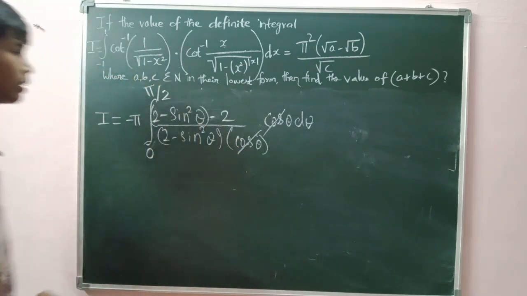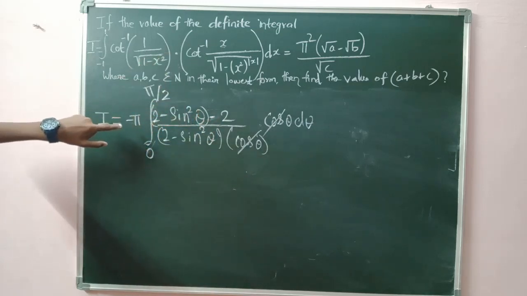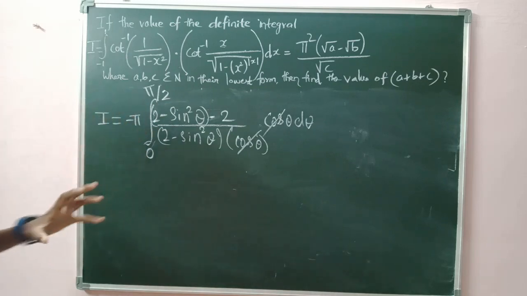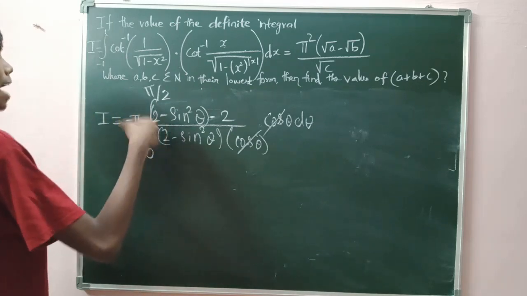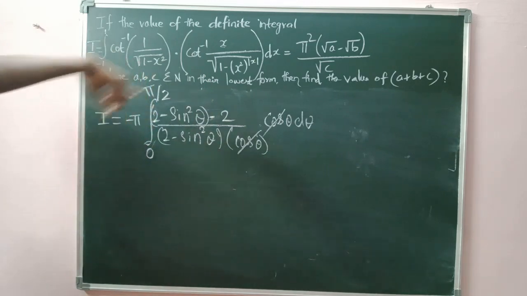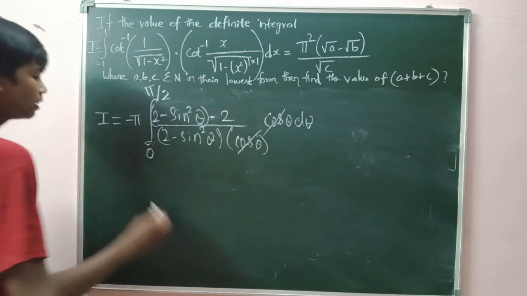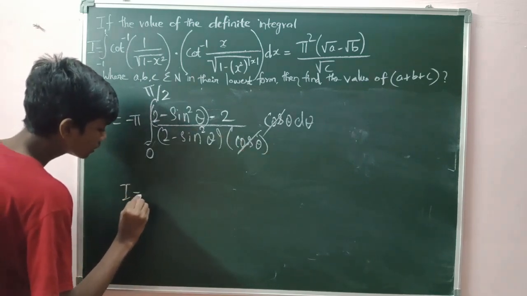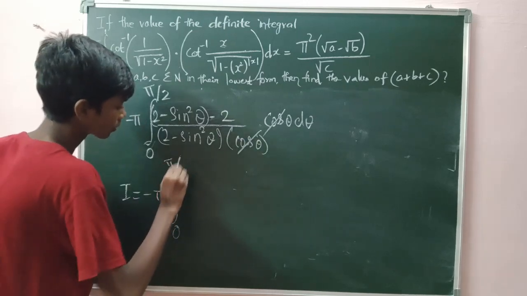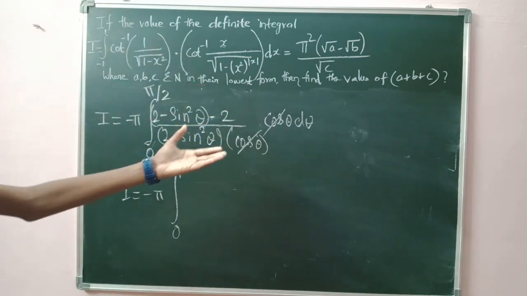Initially I multiplied minus 1 in the numerator, anyway it will nullify and give us plus. Then I added 2 and subtracted 2 in the numerator, and I put the bracket on 2 minus sin square theta, because I'm going to split the term just like that. Actually this can be written as minus pi times the integral of 0 to pi by 2, of 2 minus sin square theta minus 2 by 2 minus sin square theta.